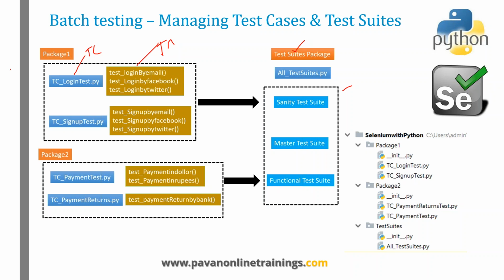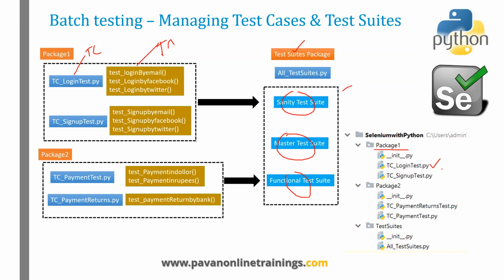So we have to use unittest.TestLoader, which is available under unittest, and by using this we can create multiple test suites and execute the test suite according to our requirement.